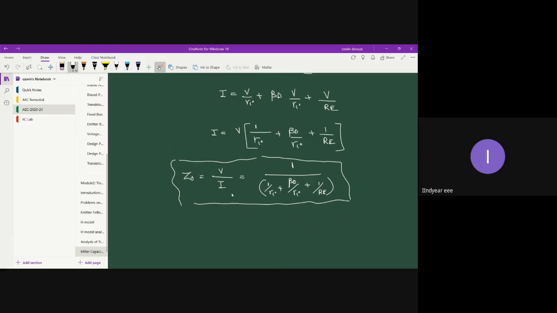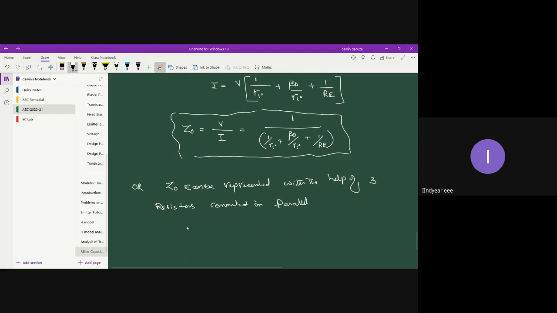Or because you are taking out the ratio, Z0 can be represented with the help of 3 resistors connected in parallel.